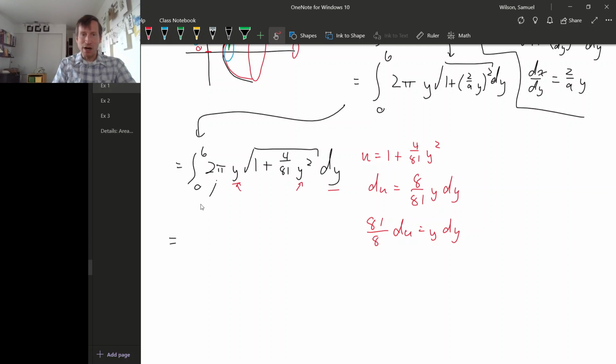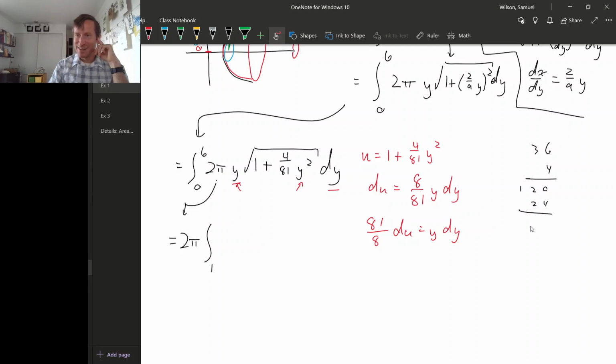Let's take this 2π and move it outside the integral. So 2π times the integral, and when y is 0, u is 1. And when y is 6, y² is 36, times 4 is 144.